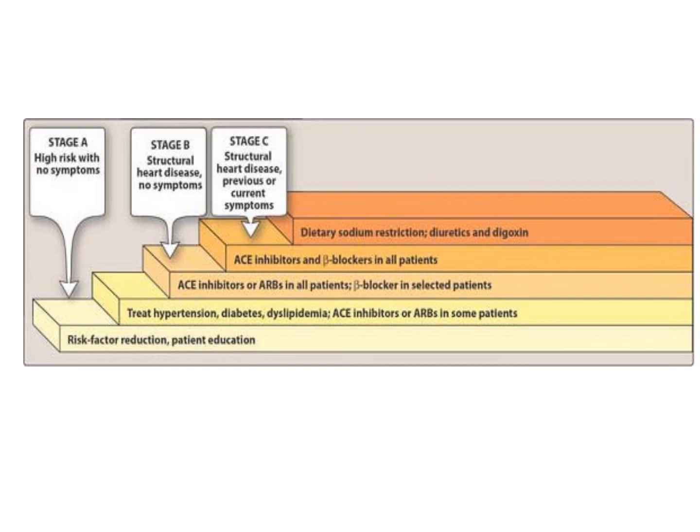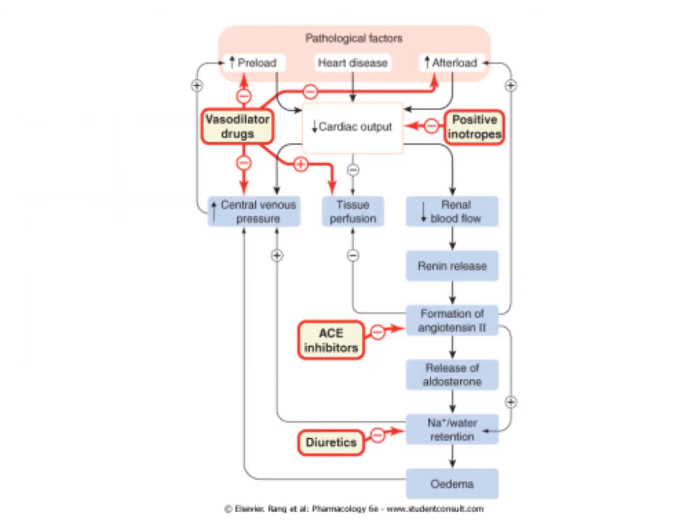In the severe case, there is structural heart disease with previous or current symptoms. So ACE inhibitors and beta blockers can be given in all patients. Dietary sodium restriction is also beneficial here, with diuretics and digoxin. So, to summarize this chapter about heart failure, we can see the site of action for our drugs.